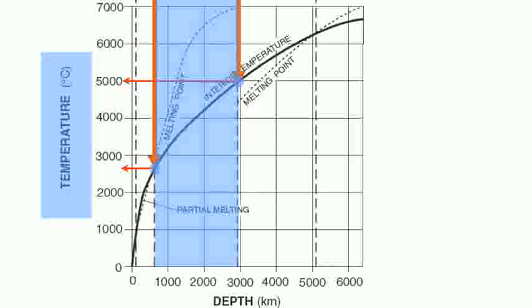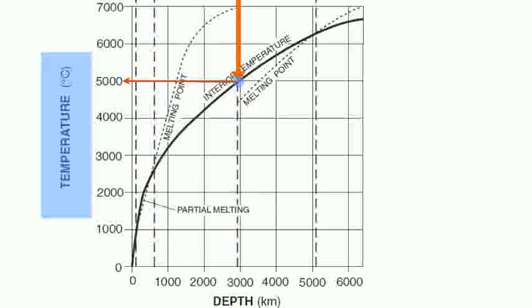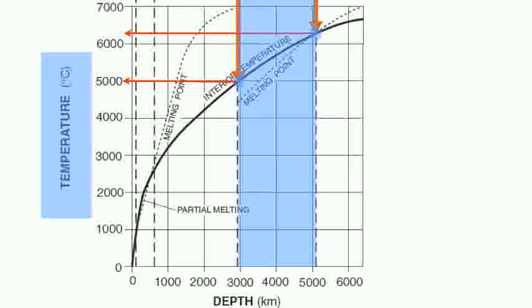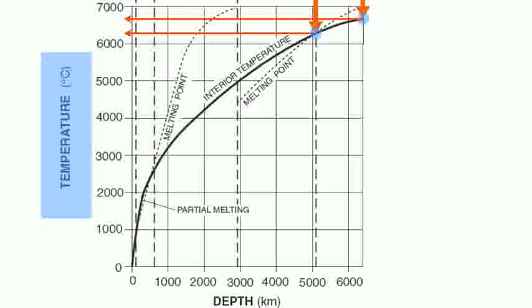Where the stiffer mantle ends, the outer core begins, 5,000 degrees Celsius to about 6,200 degrees Celsius for the outer core. Where the outer core ends, the inner core begins, 6,200 degrees Celsius to approximately 6,600 degrees Celsius at the center. Again, that's going to be approximately our inner core.